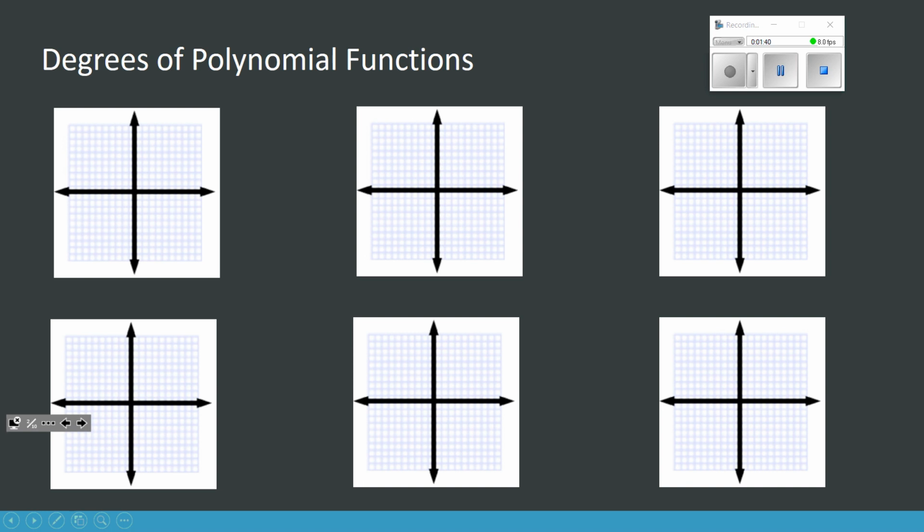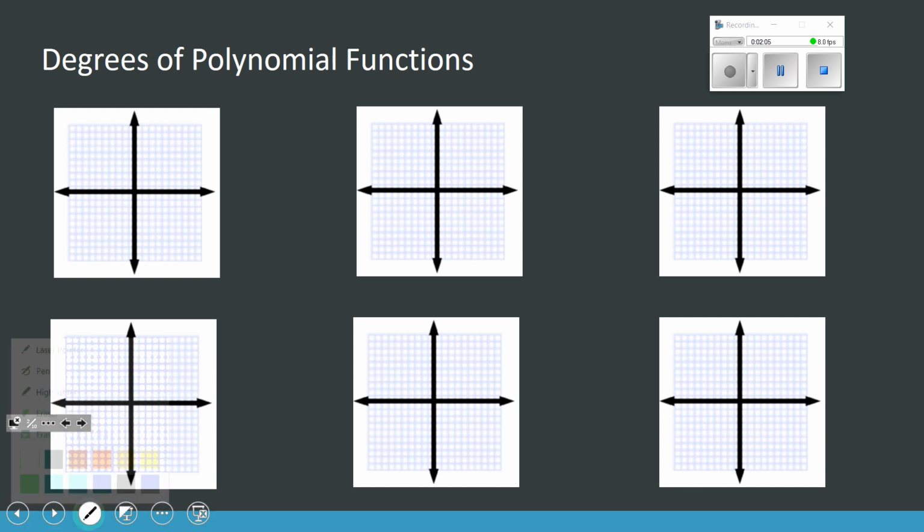And these are specifically today just polynomial functions: x to the first power, x to the second power, x to the third power, x to the fourth power. Not rational functions, not absolute value functions, not exponential or logarithmic functions. We're just talking about polynomial functions.